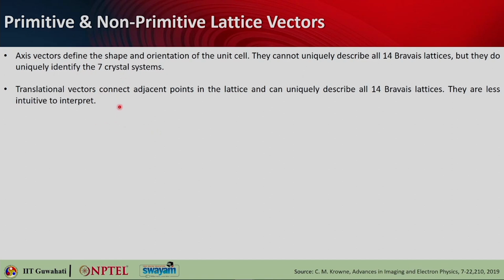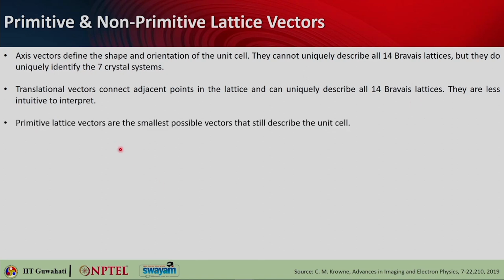The translational vectors connect adjacent points in the lattice and can uniquely describe the 14 Bravais lattices. So these are the two important things. Axis vectors are good for the 7 crystal systems but not for the Bravais lattices, whereas the translational vectors are good for the Bravais lattices.